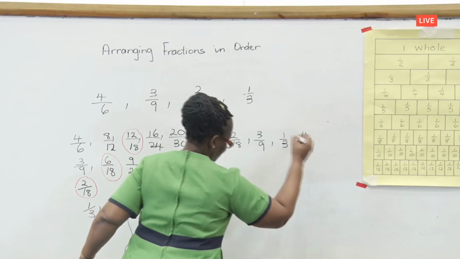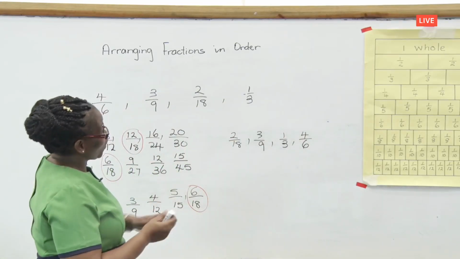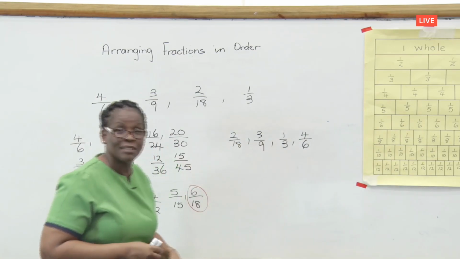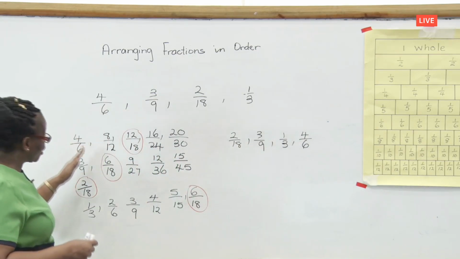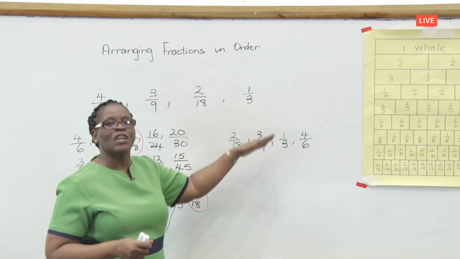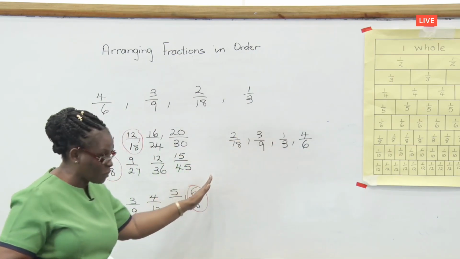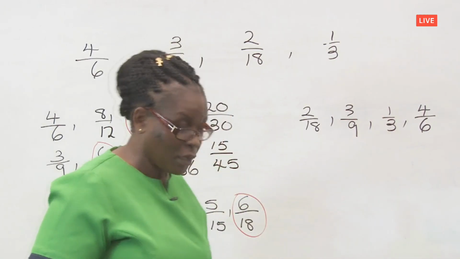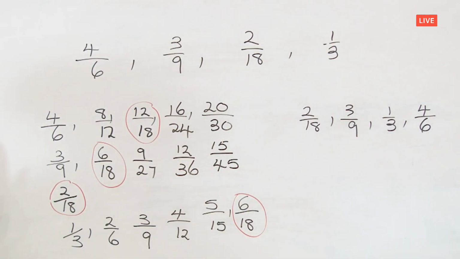And we can put 1/3. And the biggest of all would be 4/6. Very good. So here we have our fractions, and we arrange them into ascending order. So we start at the bottom and we get to the top.